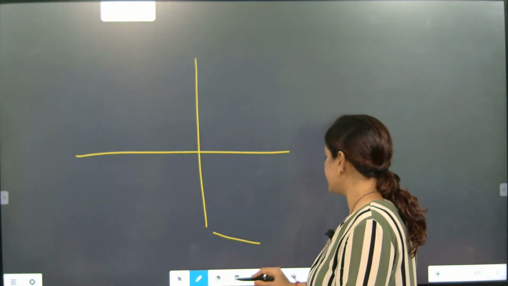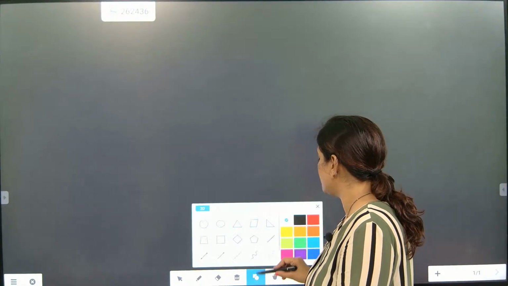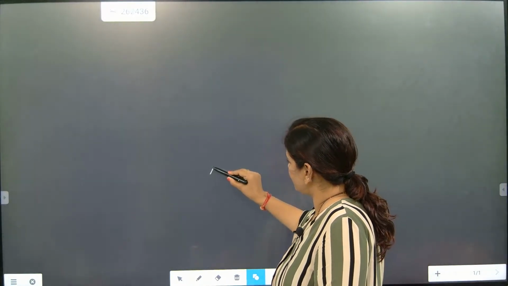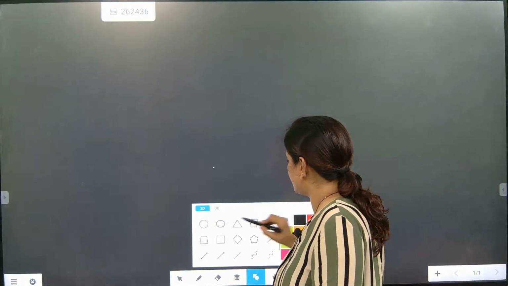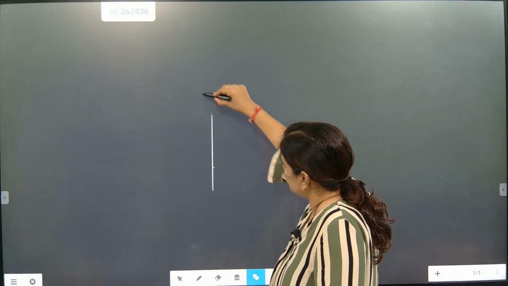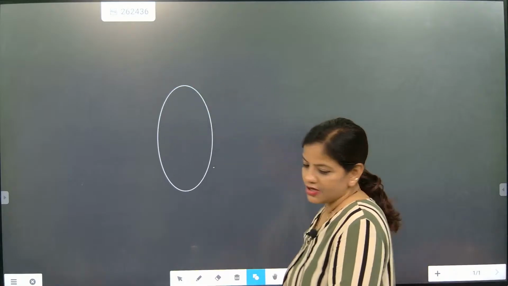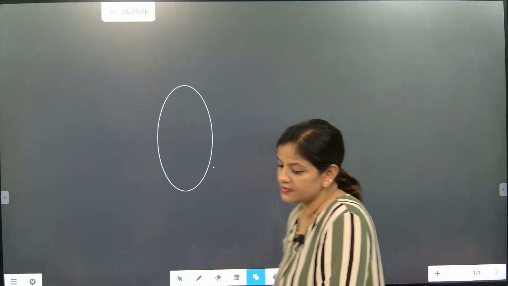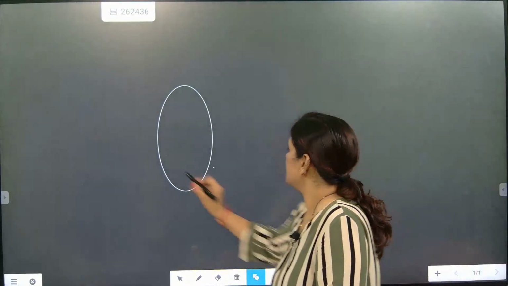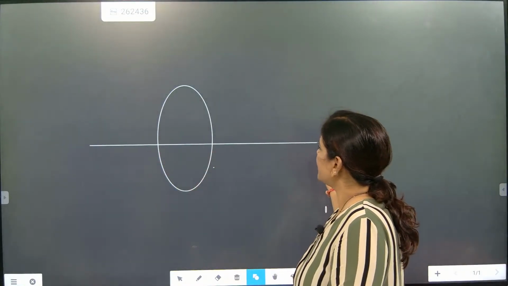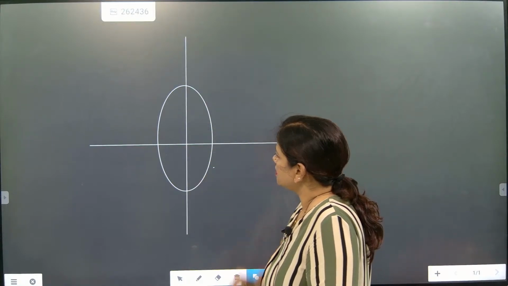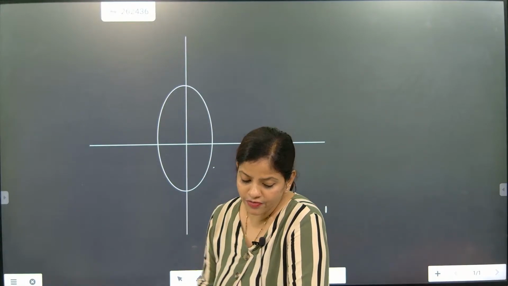So when the major axis of the ellipse is resting on the y-axis, everything will change.